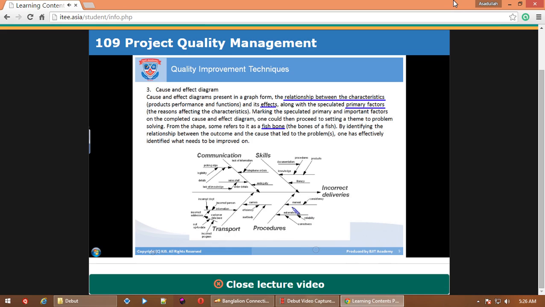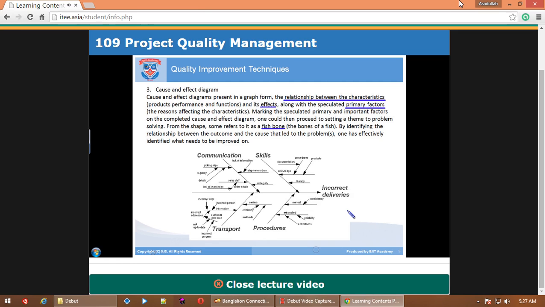One factor is manual procedures, and another is automated procedures. Manual procedures are affected by consistency. Automated procedures are affected by reliability and correctness. In total, all these primary factors affect these characteristics, and these characteristics lead to incorrect deliveries in this case.